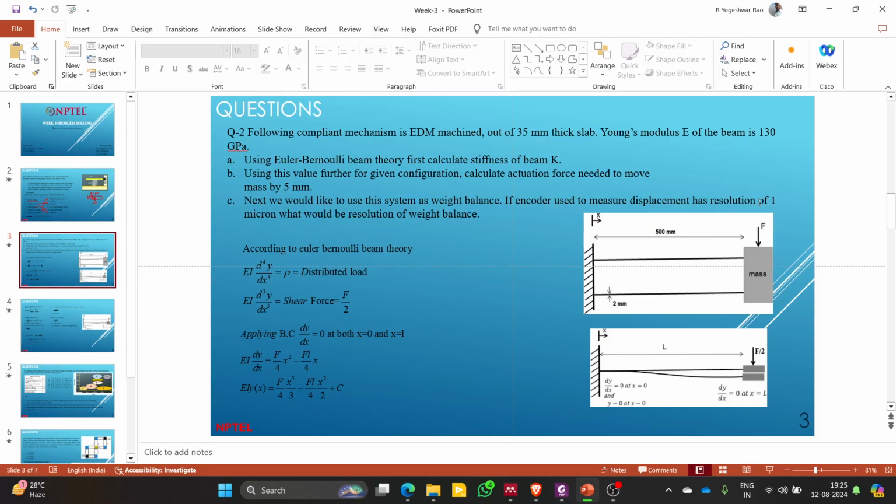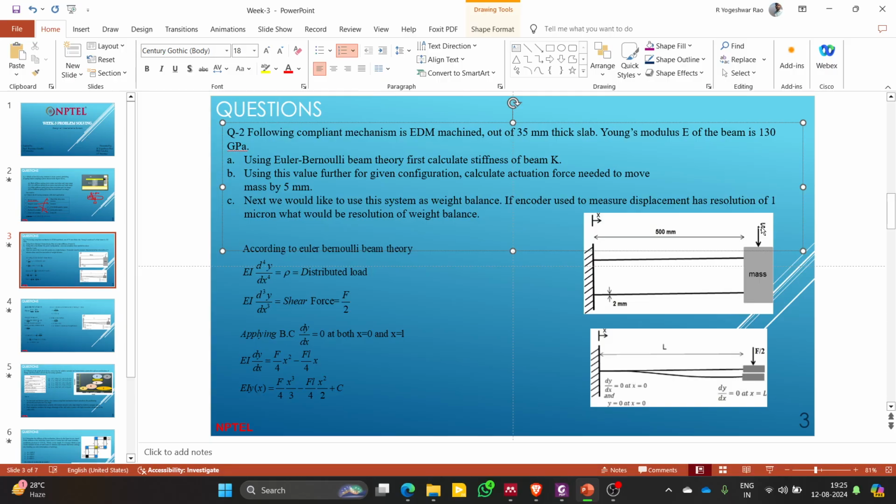The smallest increment it can measure is 1 micron. What would be the resolution of the weight balance, like a force and mass? They have given you the smallest deflection resolution, 1 micron, and they wanted to know the smallest mass resolution.